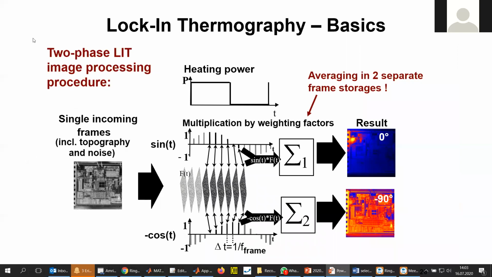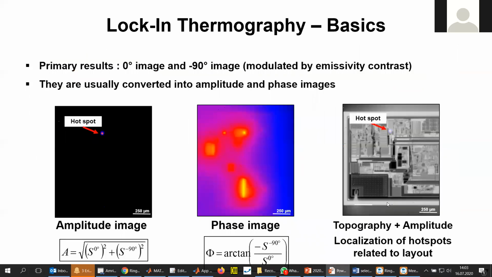So again, from what I've explained before, the lock-in system captures the images, and then in synchronization with the power supply, these images are correlated with the sine and the cosine, and the system will provide a 0-degree image and a 90-degree image. That's the outcome.